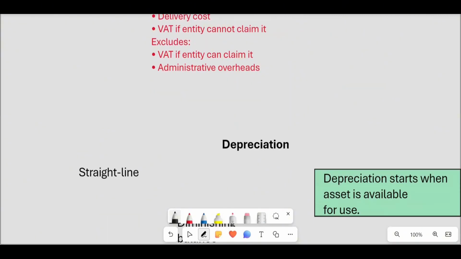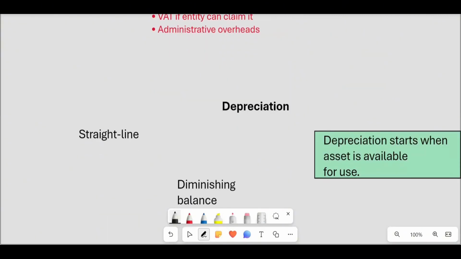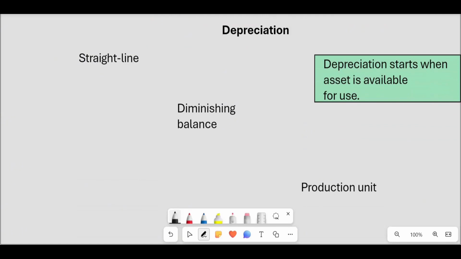Okay. So basically, you need to know another key concept: what is depreciation? Basically, depreciation is a reduction in the value of an asset over time due to wear and tear. Obviously, you can't buy a car today and expect it after 10 years to be the same cost.